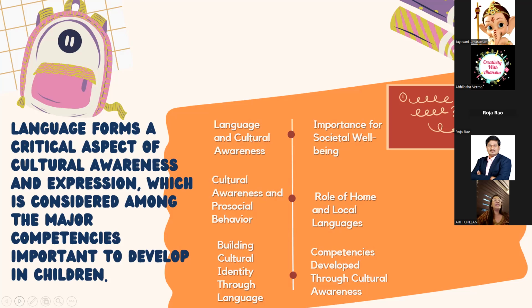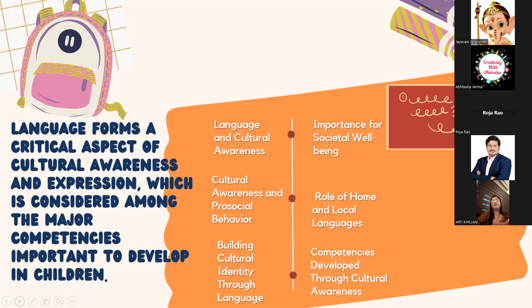Because it leads to increased pro-social behavior, it increases self-esteem, and it brings about the personal growth of the children. Remember, this language fosters tolerance. This language fosters appreciation for other cultures and identities. So it builds on cultural identity.